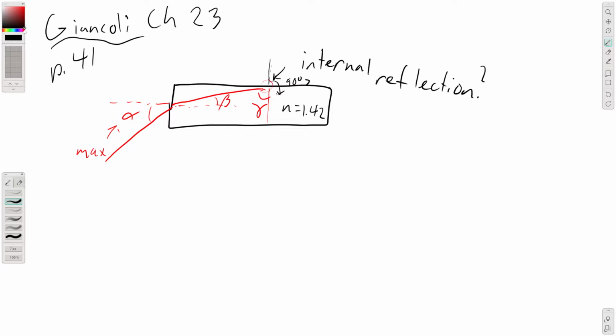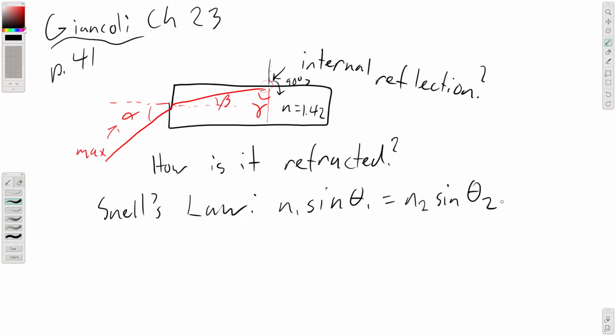So we then ask, how do I know at what angle a beam of light is refracted? To do that, we go to Snell's law. And in this case, theta 1 and theta 2 are going to switch back and forth between alpha and beta and gamma and all those, but this is the incident angle from the normal, and this is the outgoing angle from the normal.